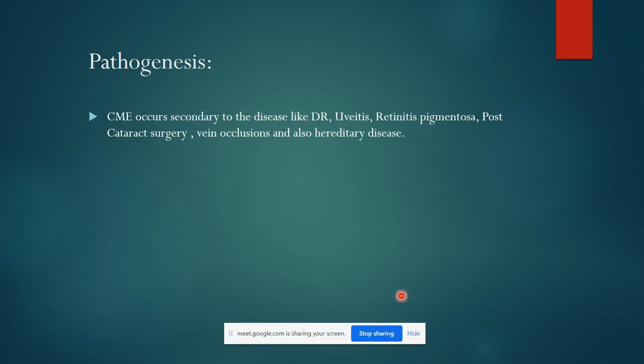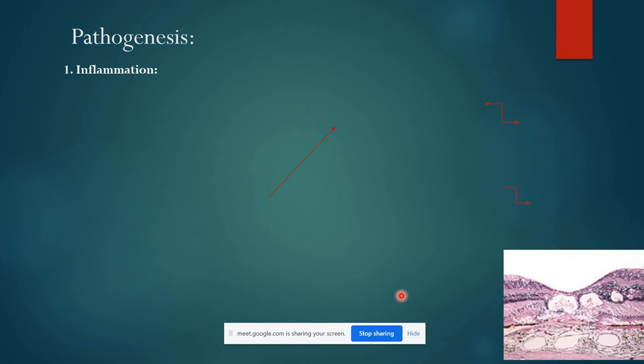So coming to the pathogenesis, most CME occurs secondary to other diseases. So it is mostly not a primary disease. It occurs as a secondary reaction to diabetic retinopathy, uveitis, retinitis pigmentosa, post cataract surgery, vein occlusion, and also some other hereditary diseases.